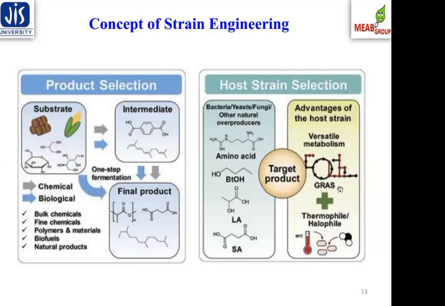That can be toxic to the cell. That's why host selection plays a very important role, that will allow you to understand whether the host will really be a good chassis that can sustain the toxic impacts of the product that you expect to be biosynthesized within that chassis.